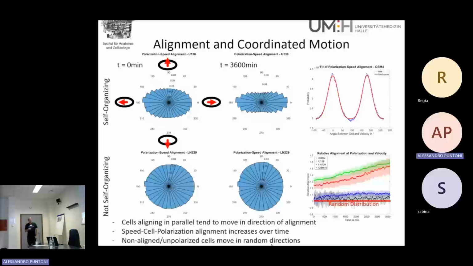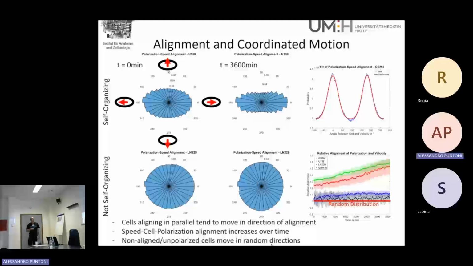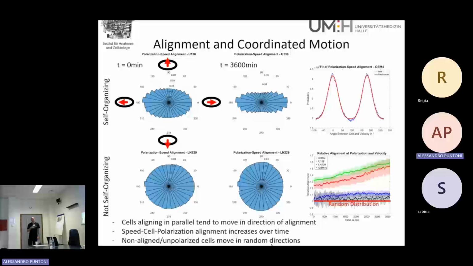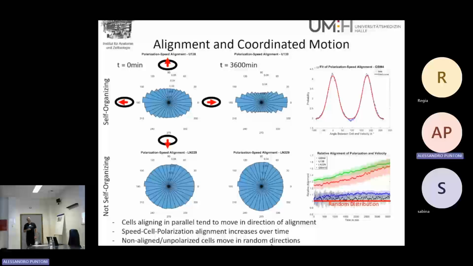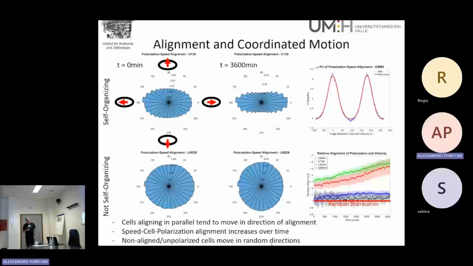Of course, we did this analysis in a more quantitative way. We looked at the number of vectors that were oriented roughly in parallel as a function of time and compared this to what's expected for a random distribution, here in red.